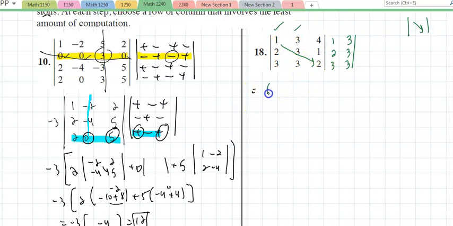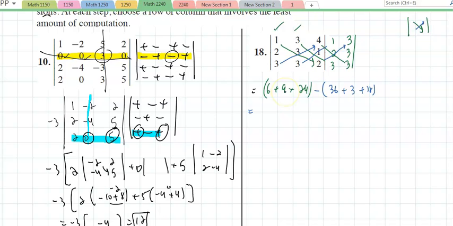1 times 3 times 2, that's a 6. Plus, you multiply across. 1 times 3 times 3 is a 9. And you multiply across. 8 times 3 is 24. And do you remember how you subtract this? You would subtract all of those. 3 9 times 4 is 36. 3 times 1 times 1 is a 3. And 2 times 2, 4 plus 3, that's a 12.